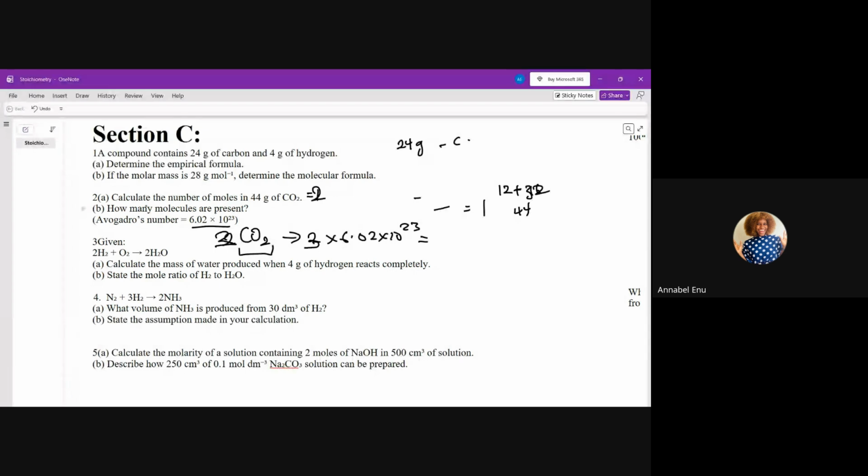Now the next question says, given this reaction, 2H2 plus oxygen to give us water, calculate the mass of water produced when 4 grams of hydrogen reacts completely.